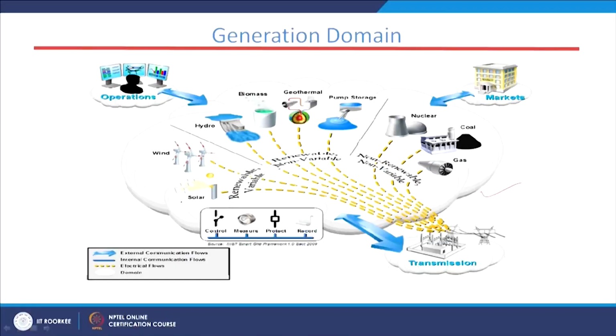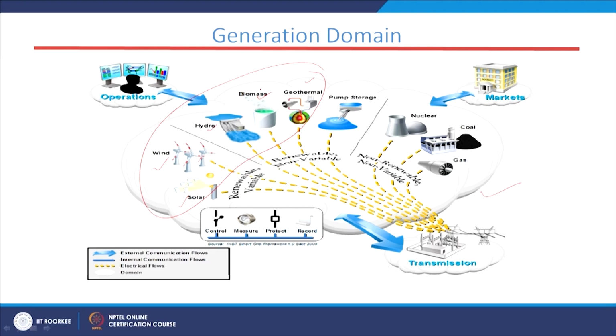Now, coming to the block diagram of this bulk generation domain, we have already discussed it more or less. As I said, we have renewable sources like solar, wind, hydro, biomass, geothermal. These are all renewable sources which are also part of this generation domain.